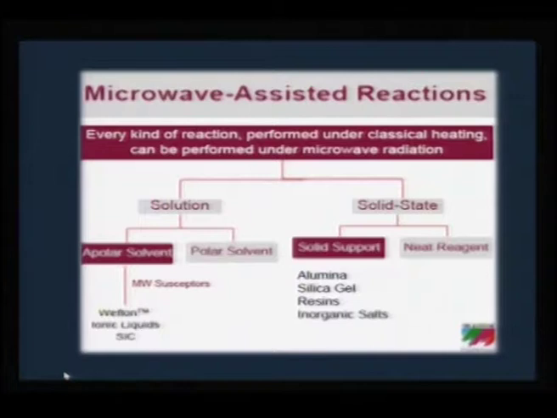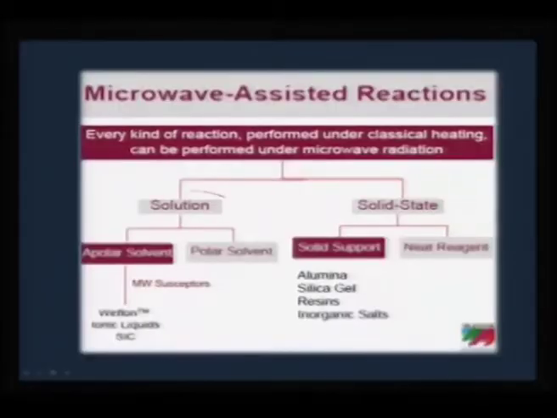Therefore, this sort of chemical synthesis is actually categorized as microwave assisted reactions, and in microwave assisted reaction you can aim for both solution approach as well as solid state approach. So, if you want solid state reactions, that is also possible.